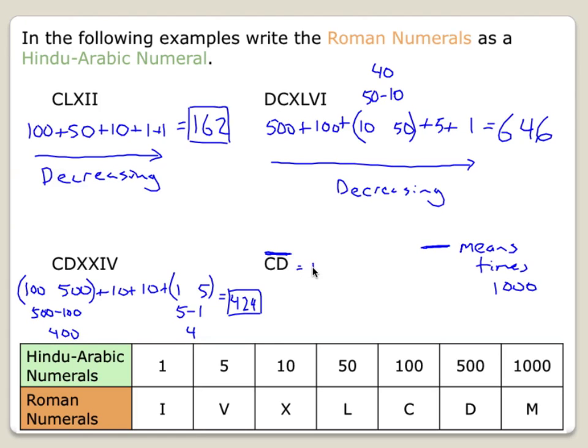So this is going to equal 400 times 1,000. So this is how you would write 400,000. Because notice their numerals stop here at M, and we couldn't write 400 M's in a row. So they needed some way to be able to write larger numbers, and this is how they did it.